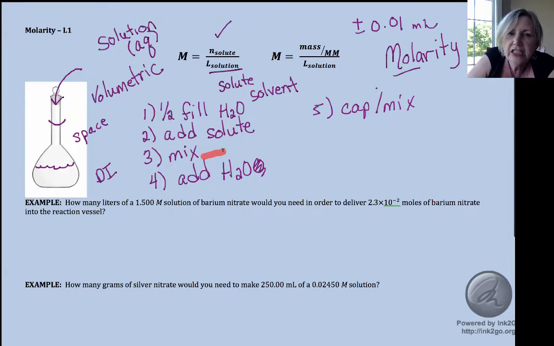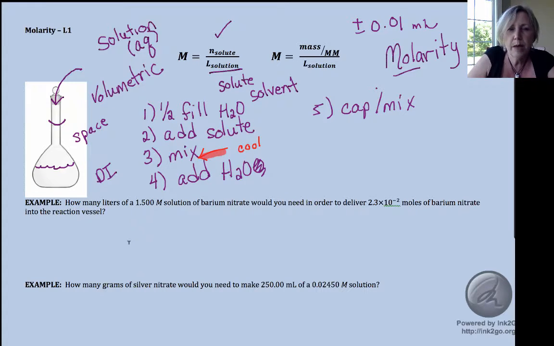So right in between here, you may need to cool it, or allow it to get to room temperature before you continue adding water to the bottom of the meniscus. But that gives you a general idea of how you would make these.